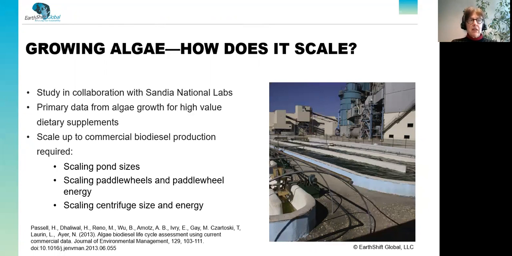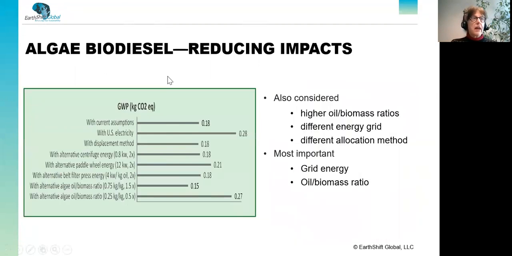We looked at scaling the centrifuge size and energy, and then looked at what that would do to the study. The other thing that we considered was algae with a higher oil to biomass ratio. The algae that we were studying for dietary supplements wasn't an algae that was chosen, or certainly not modified, for having a high oil to biomass ratio.